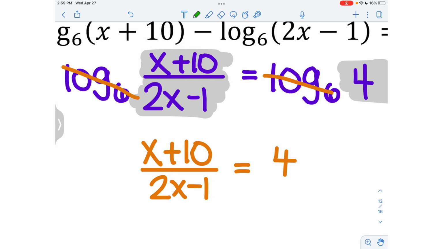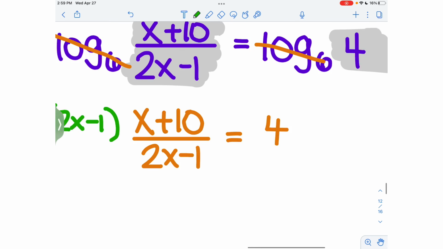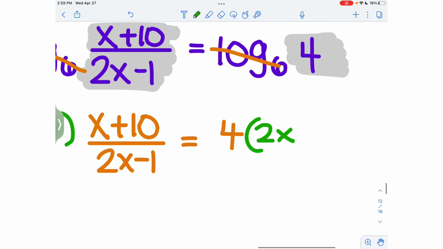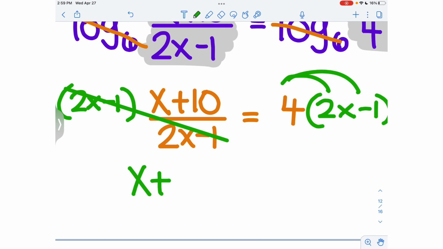So how do I actually solve for x? Well, I have to multiply over this 2x minus 1 and distribute the 4. Here, these cancel. So I get x plus 10 equals 4 times 2 is 8x minus 4.